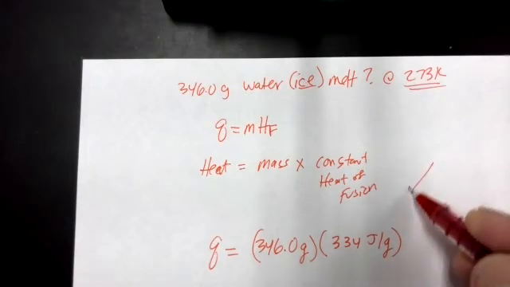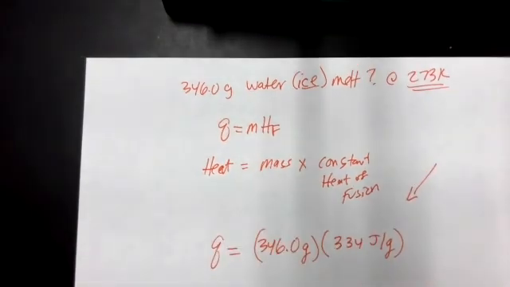Now, this heat of fusion constant means if you have 1 gram of ice, it takes 334 joules of energy to melt it. If you had 2 grams of ice, you'd have to multiply that constant by 2. If you had 10 grams of ice, you'd multiply it by 10. In this problem, we have 346 grams of ice. We'd have to multiply this constant by that many grams.